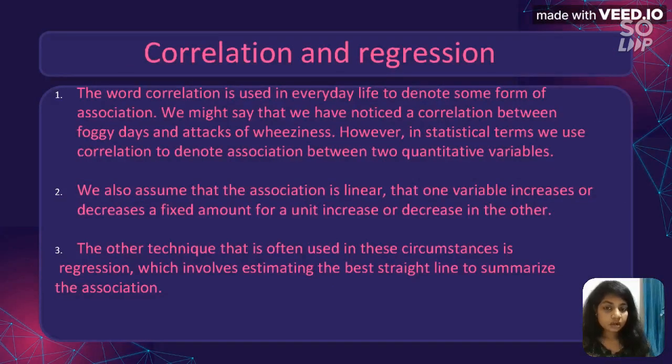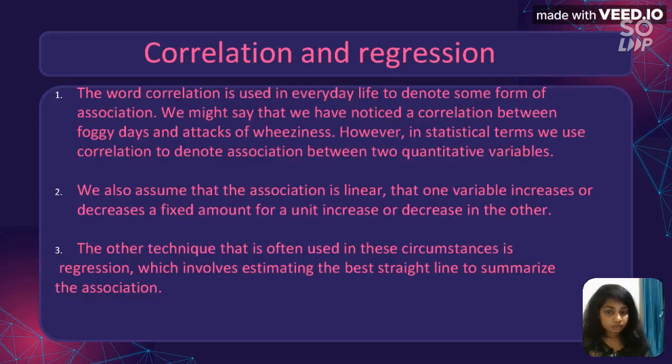Correlation and regression. The word correlation is used in everyday life to denote some form of association. We might say that we have noticed a correlation between foggy days and attacks of dizziness. However, in statistical terms, we use correlation to denote association between two quantitative variables.